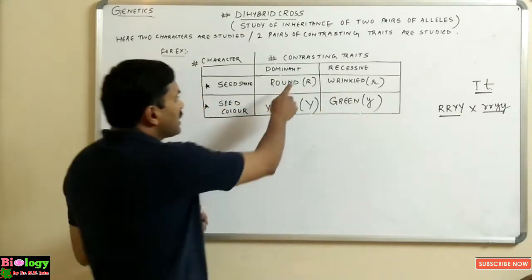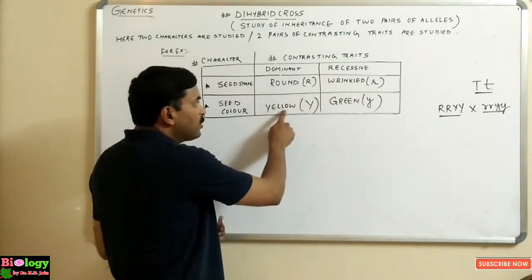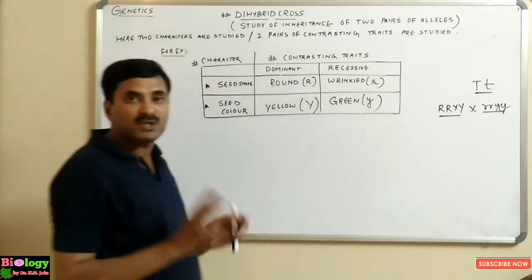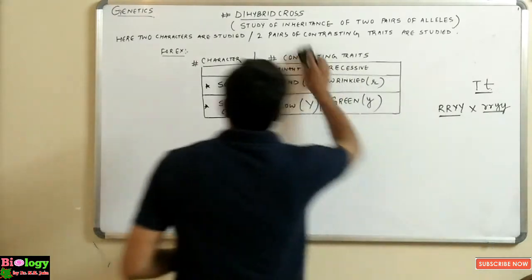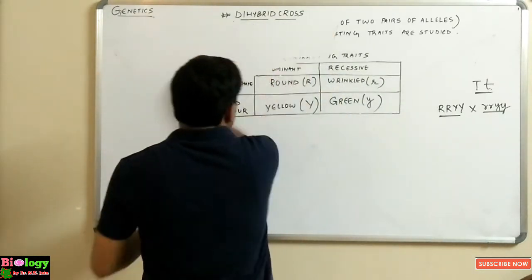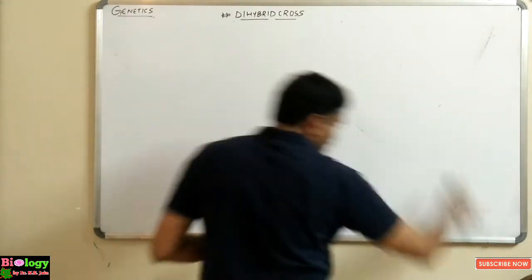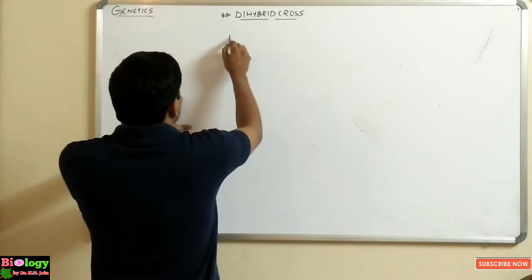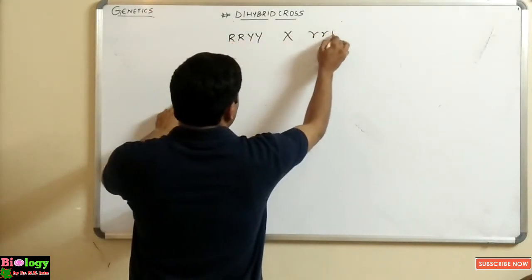Now, round is denoted by capital R, wrinkled by small r, yellow by capital Y, and green by small y. Now have a look at how we cross a dihybrid. Here I will be taking two pairs of contrasting traits, capital R, capital Y, and small r, small y.